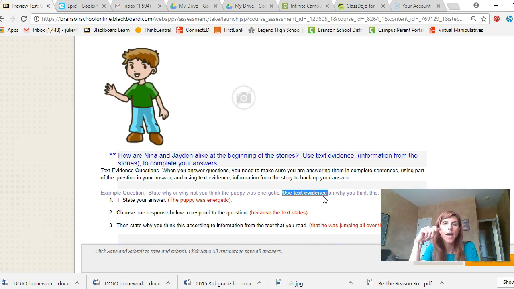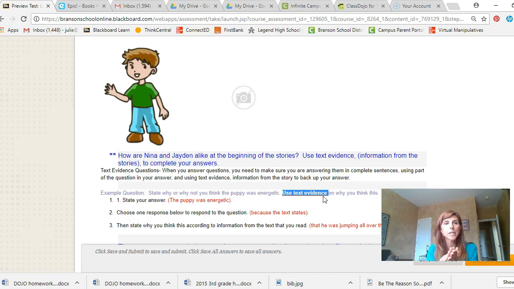Text evidence is simply when you read a passage, or even watch a movie, or a story is read to you. It's information from that passage, that story, that magazine article, or newspaper article, information from the article that supports why you think an answer should be answered that way.